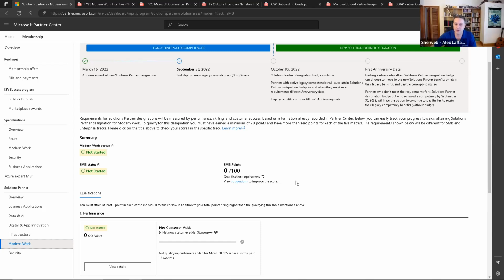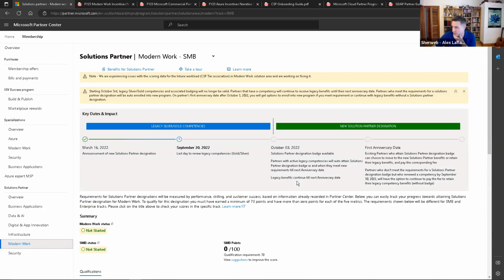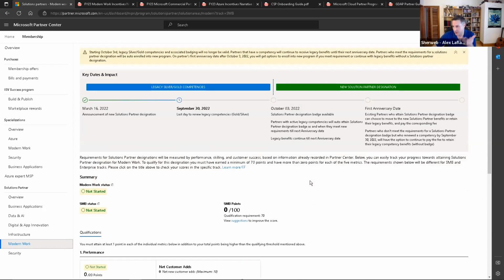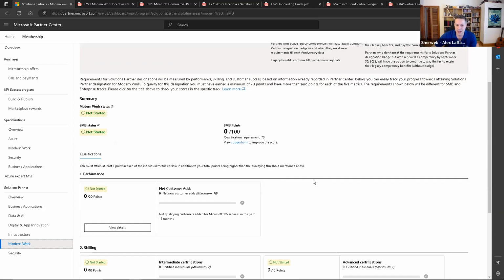So whenever we get to the modern work solution designations, which I presume the great majority of you will be attaining or trying to attain, since it is the one that fits most MSPs' profile, right? You have SMB type customers, you are reselling M365 licenses, potentially offering some security services or backup on your stack, from different providers, not all from Microsoft. And it's your recurring revenue, your bread and butter.